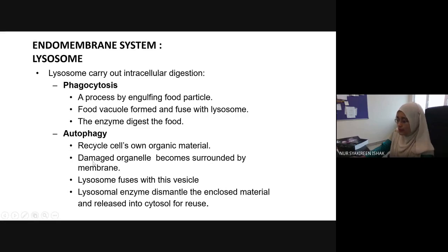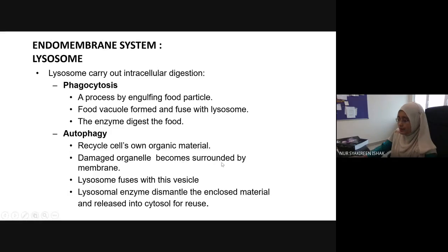Through autophagy, this organelle will be surrounded by membranes, and the lysosome will bind with the vesicle containing the worn out organelles, and then digest that worn out organelle into smaller molecules, and then the molecules will be reused inside the cell to be reassembled and used in another form. Okay, so that is autophagy. Recycle the cell's own organic materials.